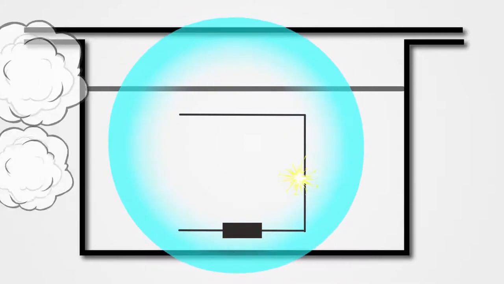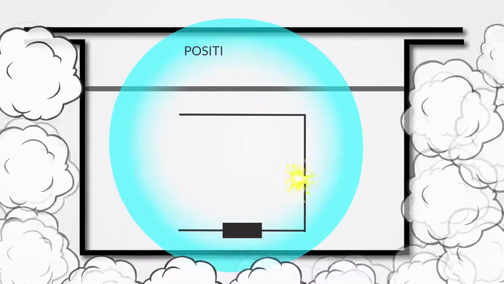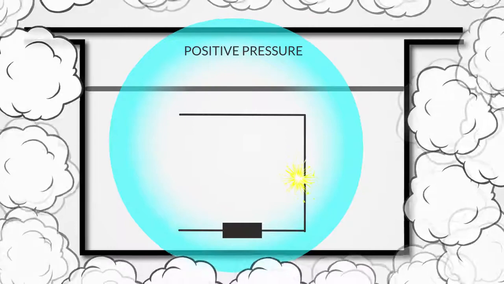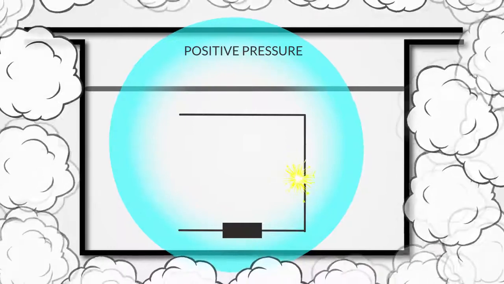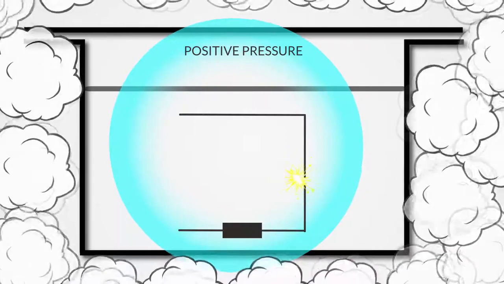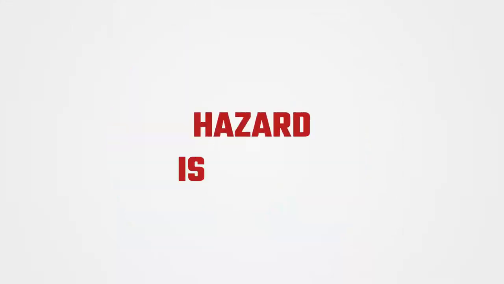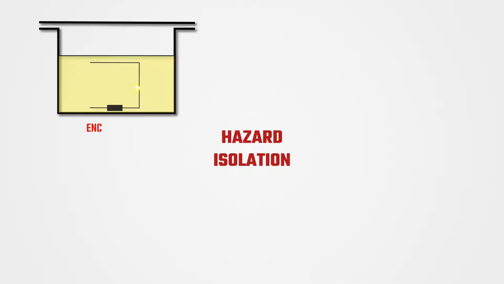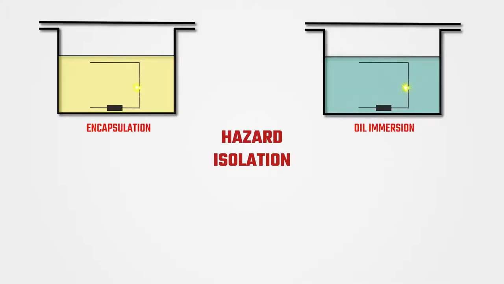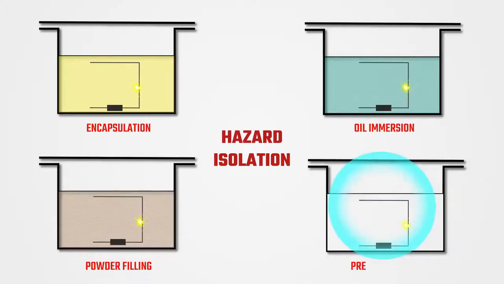Or the enclosure of the electrical equipment can be purged and replaced by clean air or an inert protective gas. The internal atmosphere is then pressurized, so that the pressure inside the enclosure is higher than the pressure of the surrounding atmosphere. This keeps an explosive atmosphere from entering. This approach is referred to as hazard isolation, and the protection techniques are encapsulation, oil immersion, powder filling, and purging and pressurization.